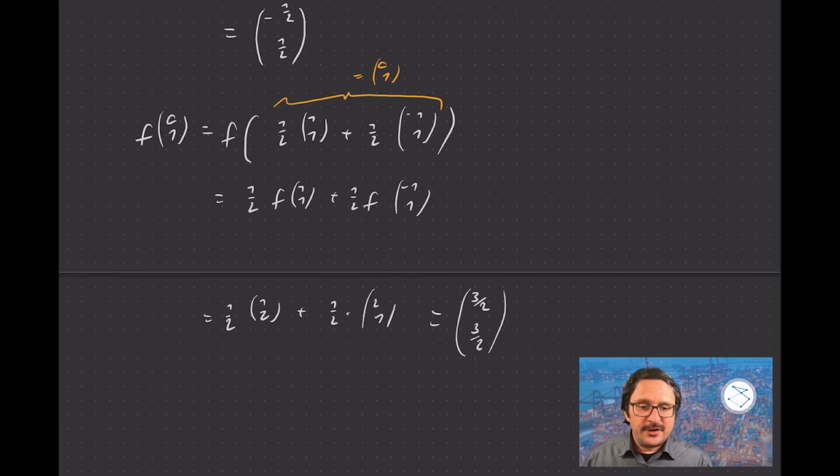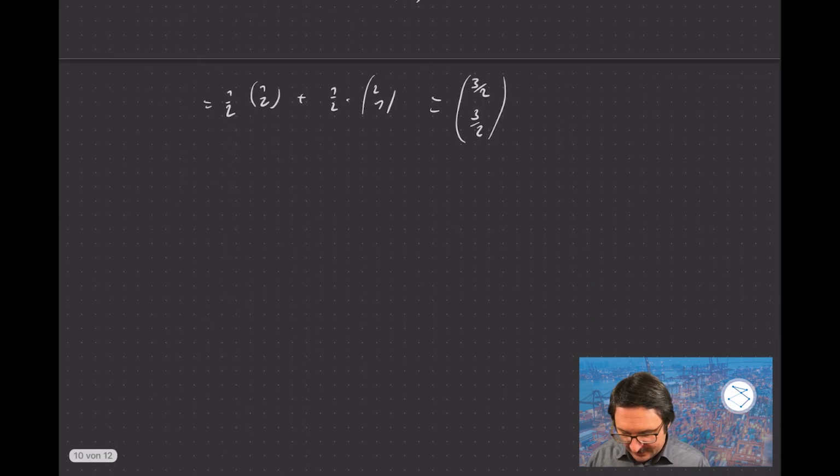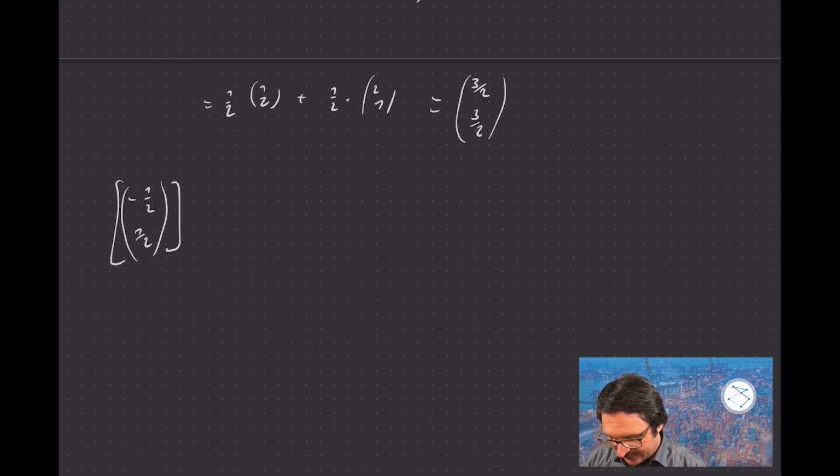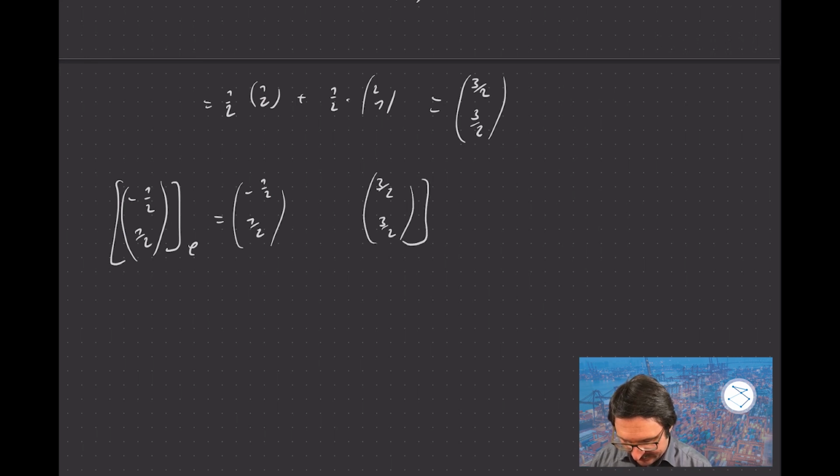Now we need those images in C coordinates. Of course, the C coordinates of (-1/2, 1/2) are exactly (-1/2, 1/2). And the same holds for (3/2, 3/2); the C coordinates of that one are exactly the same.